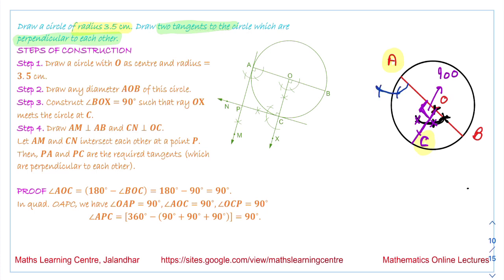Then by keeping the compass at these 2 points, we have marked two more arcs and we obtain a straight line over here. We name the points on this line M dash and M.